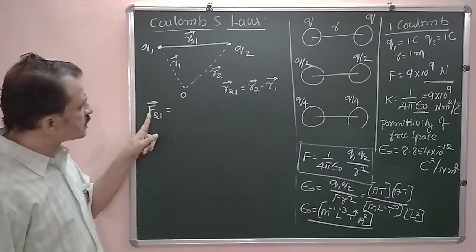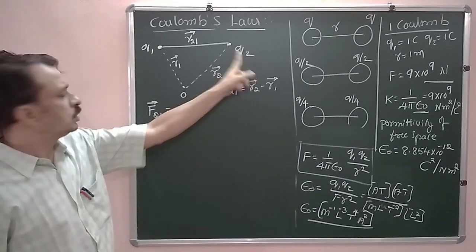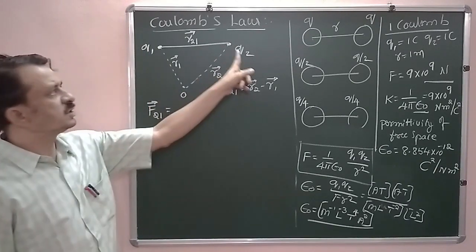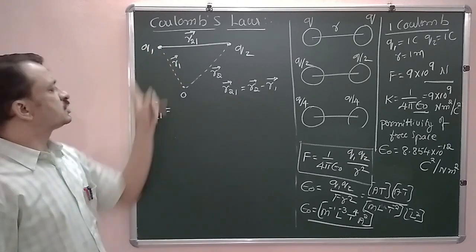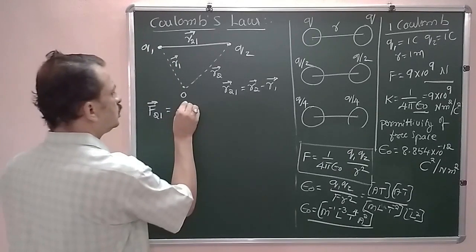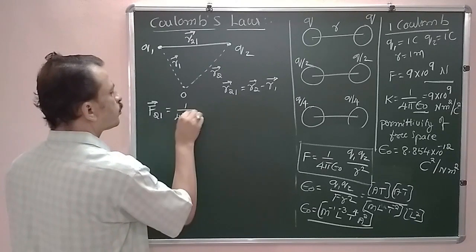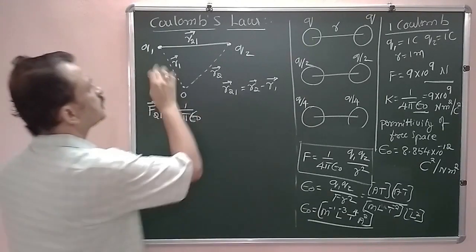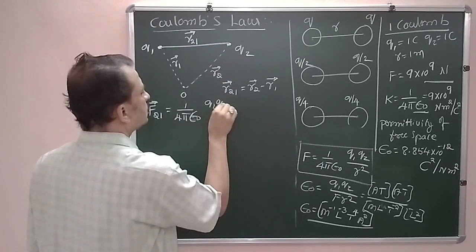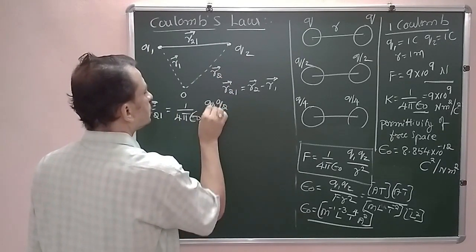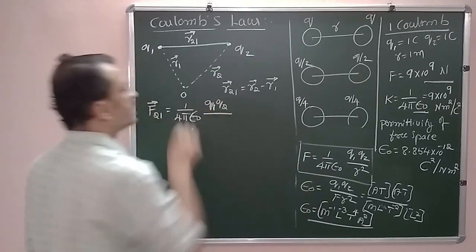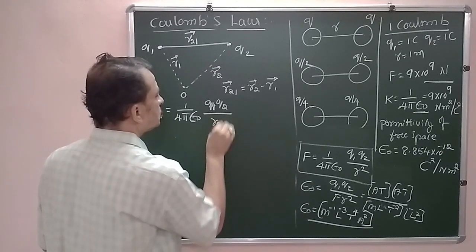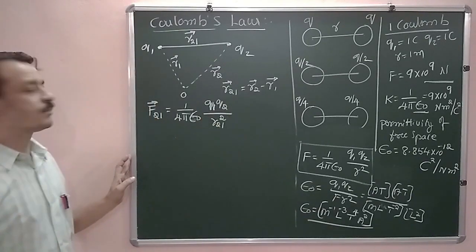Here it is the force on the second charge Q2 due to the charge Q1, which is equal to 1 divided by 4 pi epsilon naught into the two charges Q1, Q2 divided by the square of the position vector, that is R21 square.